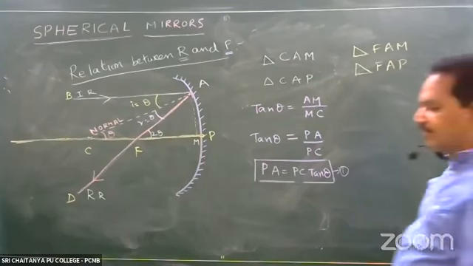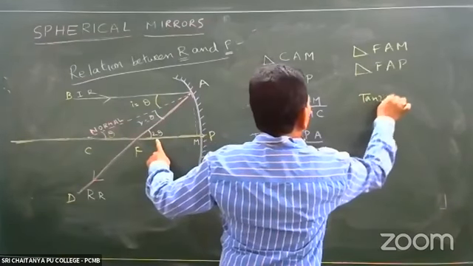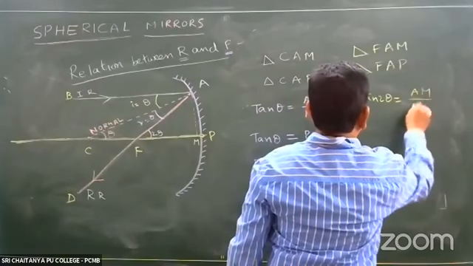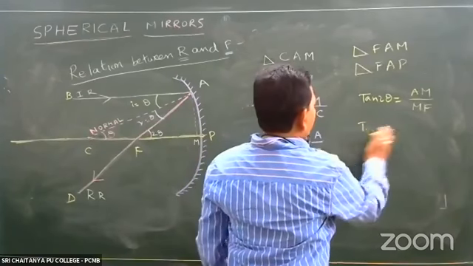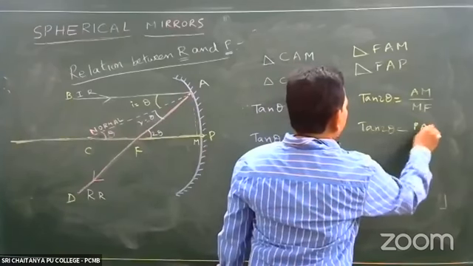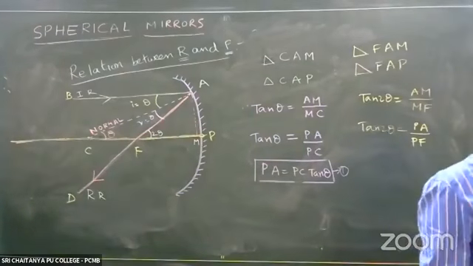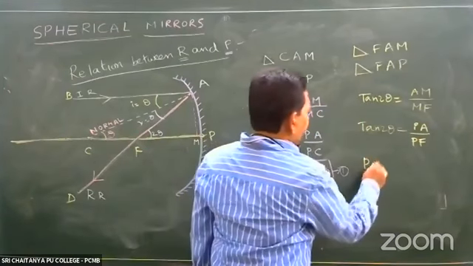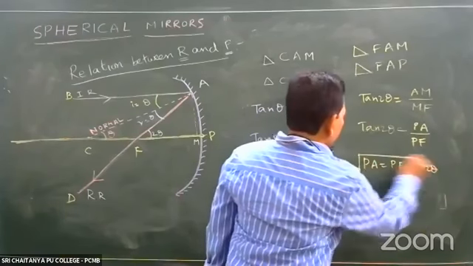Once again, write down tan 2 theta. Tan 2 theta is equal to opposite side AM by M to F, so P to A by P to F. Once again, cross multiplication: PA is equal to PF tan 2 theta. Equation 2.